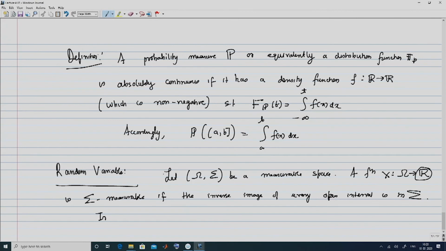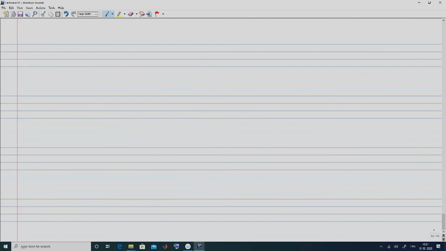So, in other words, X inverse of any open interval (a, b) belongs to sigma. A measurable function on (omega, sigma) is also called a random variable.